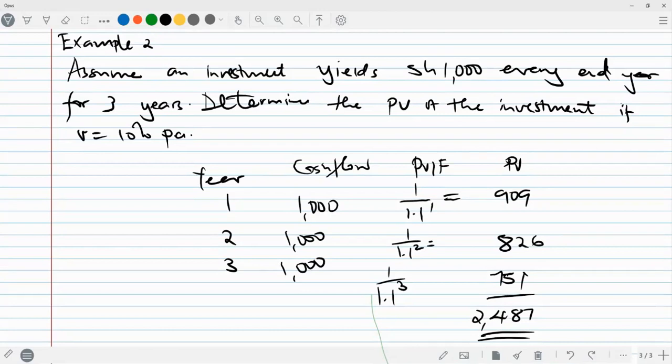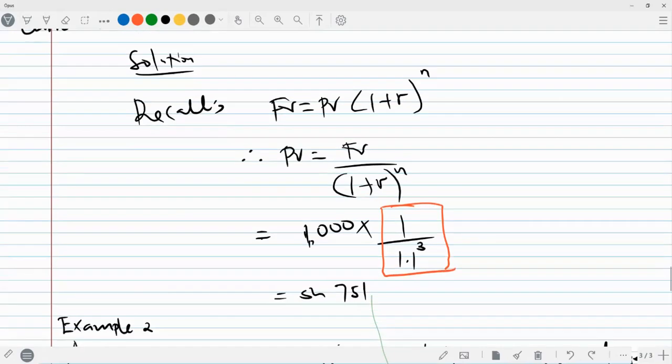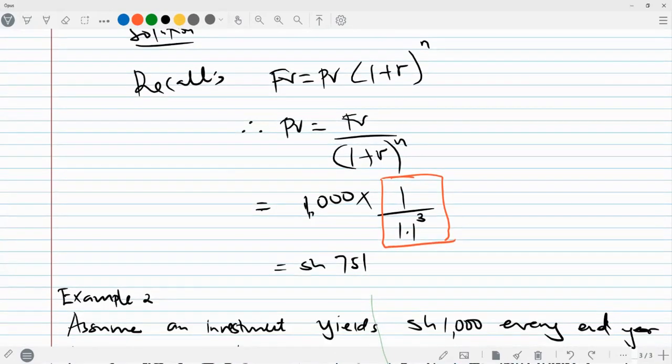I was trying to check the formula we've indicated. The PV is equal to the future value up there. I was trying to derive this particular formula. How is it 1,000 times 1 divided by 1.1?